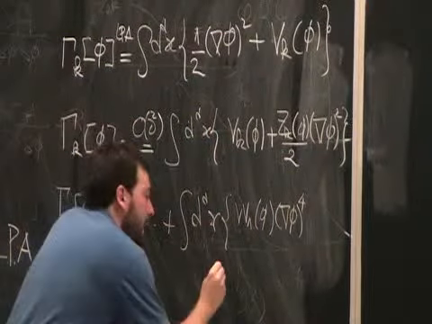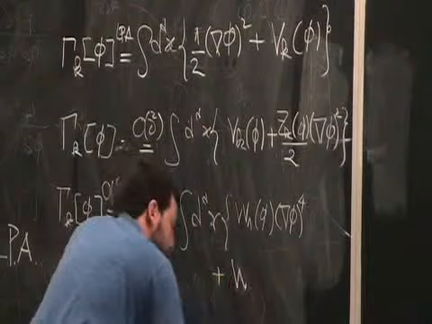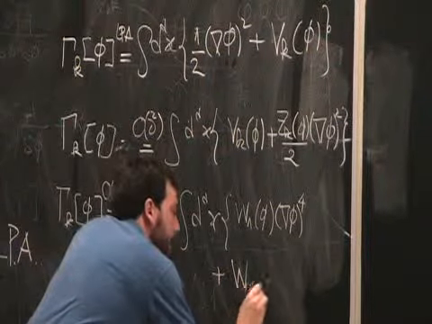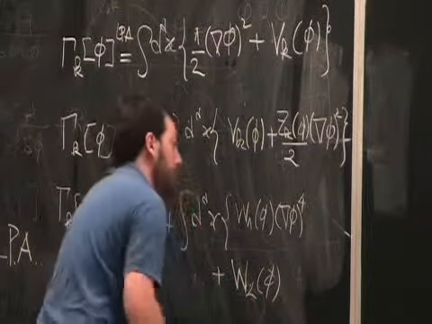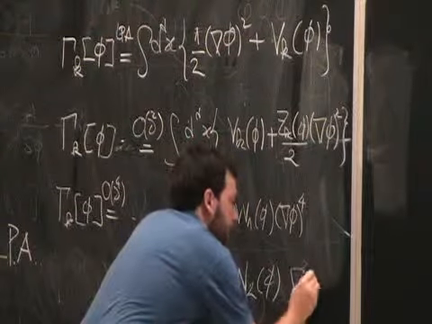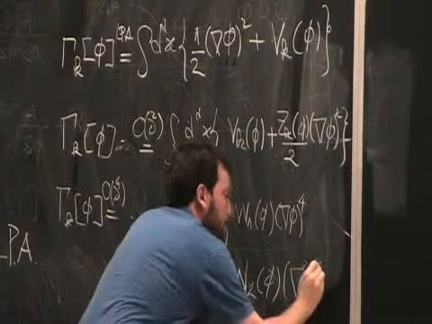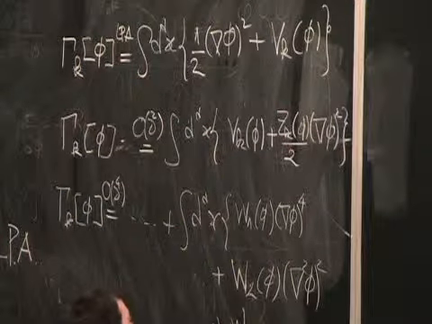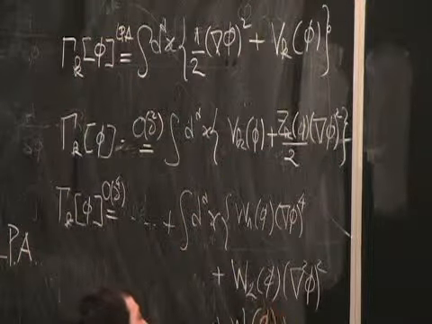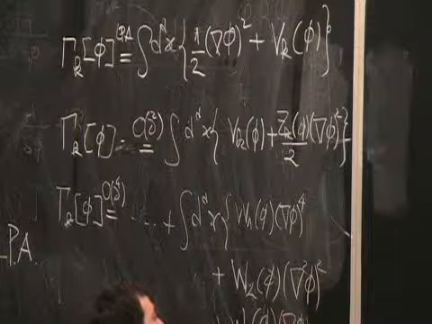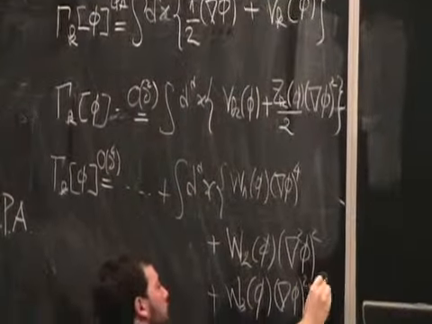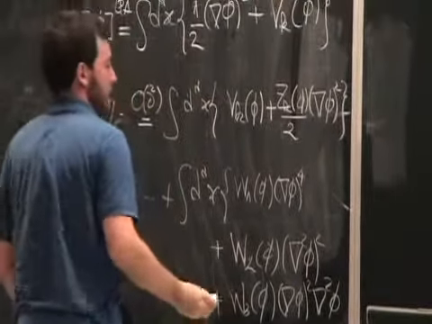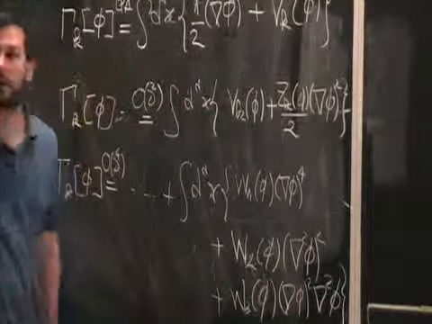But you may have also W2 that is, I don't know, the Laplacian of phi squared. And there is a third one that you can take, and it's fine. And continue the expansion.